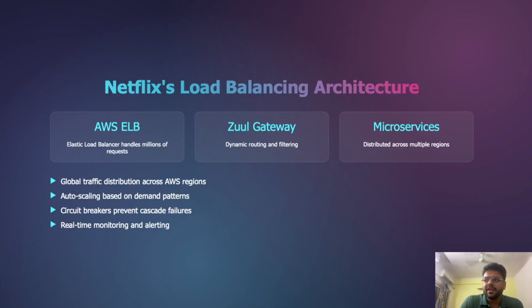They have load balancers at multiple levels which can handle millions of requests per second. Netflix actually has its own load balancer, the Zuul Gateway. Zuul Gateway acts like a front door to Netflix backend services. It handles dynamic routing, monitoring, resiliency and security.